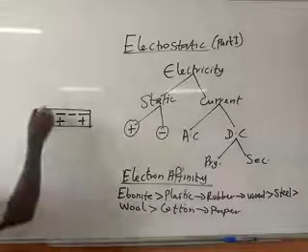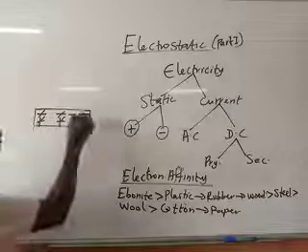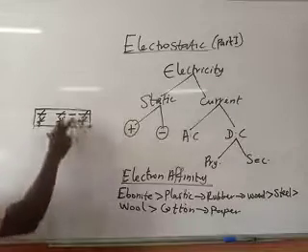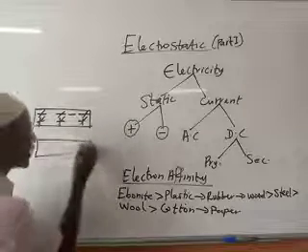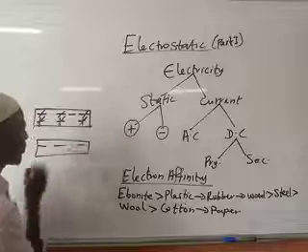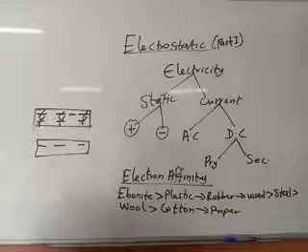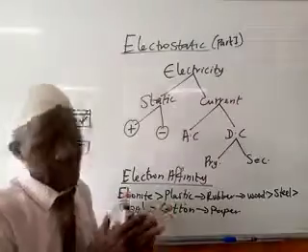This one will neutralize this, this one will neutralize this, and this one will neutralize this. So at the end of the day, we are going to have 1 electron left. So this body will become negatively charged. That is how to charge a body by friction, or by rubbing two bodies together.